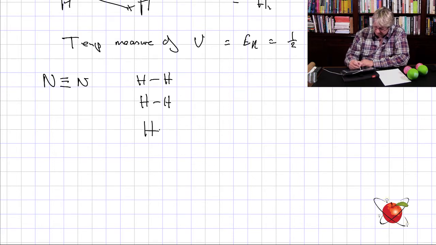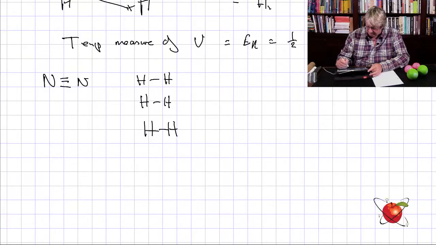Because those 3 are the 3 hydrogens. Remember, to balance all this out, we needed 3 of these hydrogens, because 2 are going to split off and go there. We've got to break another one and another one to get enough to bond to make 2 nitrogens.